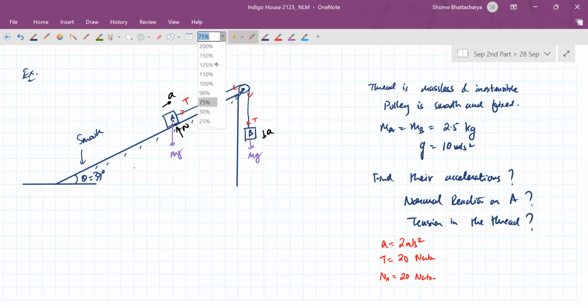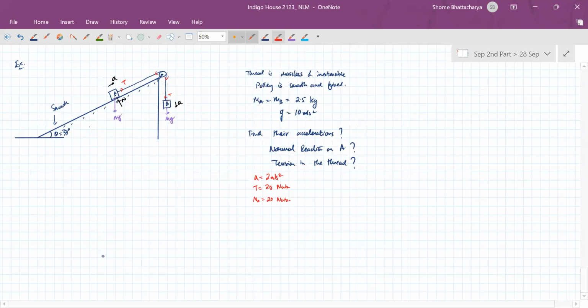So both of them have the same mass. So it's quite easy to navigate this problem.